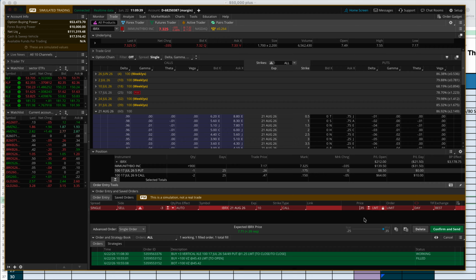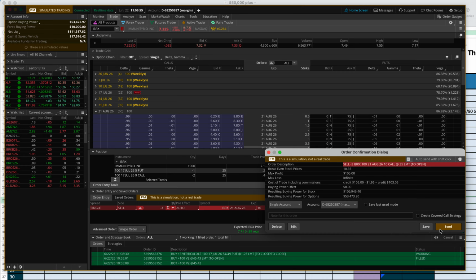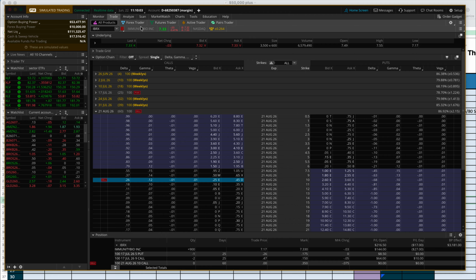So that's promising to sell it if it goes above $10, and right now it's trading at $7.32. So if it jumps up above 10, then I'm selling 300 shares at $10 a piece, which is okay because I bought these things at $2-3 a piece. Confirm and send that. Get a credit of $103 minus the commissions there. So that was one covered call I did.